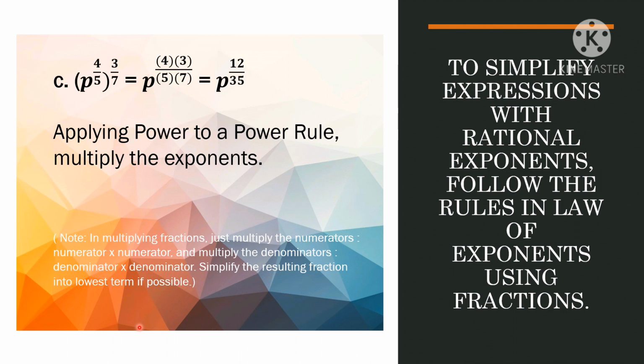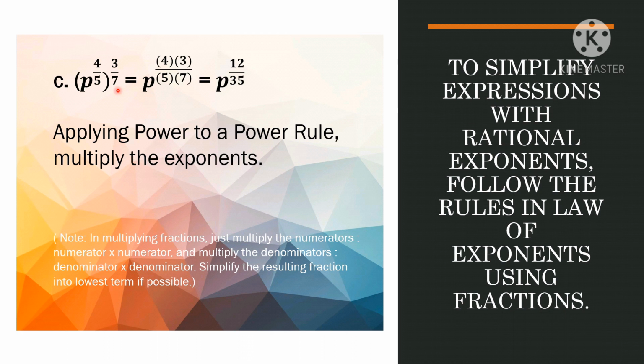Okay, so, ito naman, kailan ba natin pwedeng gamitin ang power to a power rule? So, dito sa letter C, we have P raised to 4/5 raised to 3/7. So, itong nasa loob, ni-raise natin ulit sa 3/7.